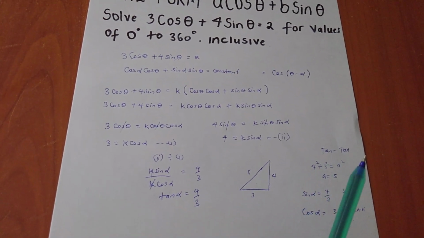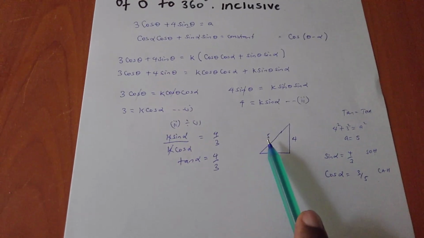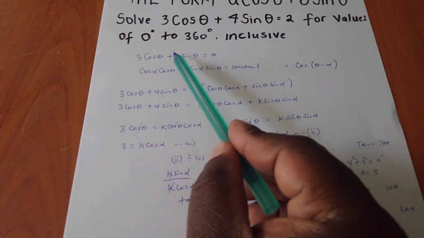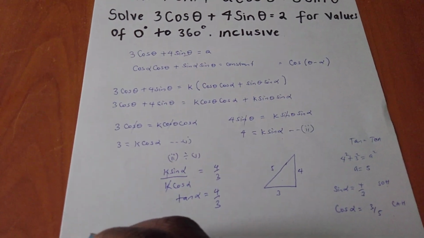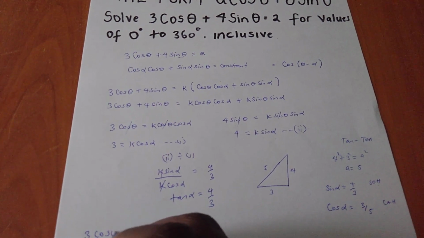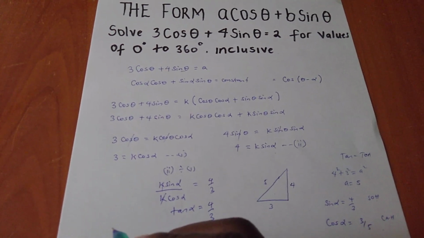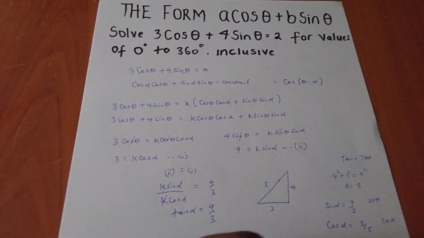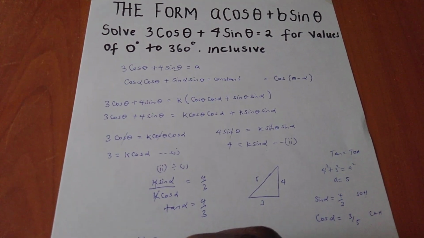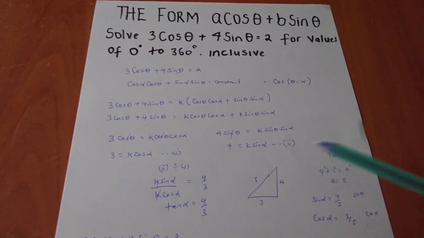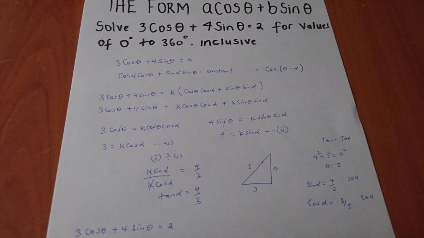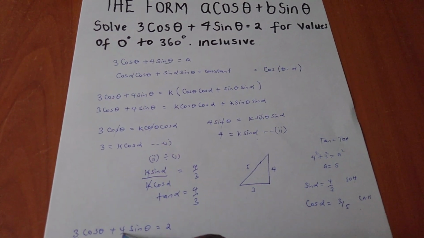Now, having got this 5, I'm going to come back to the original equation and say 3 cos theta, I hope we are together, plus 4 sine theta is equal to 2. Having got this 5, I'm going to divide this original equation through by 5.